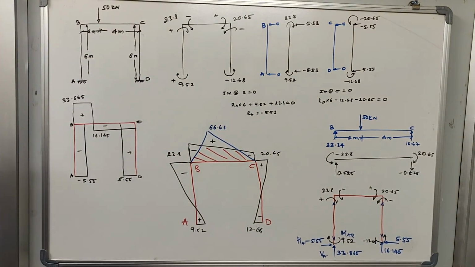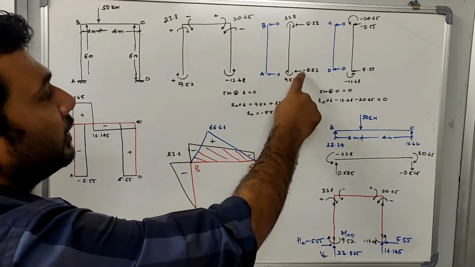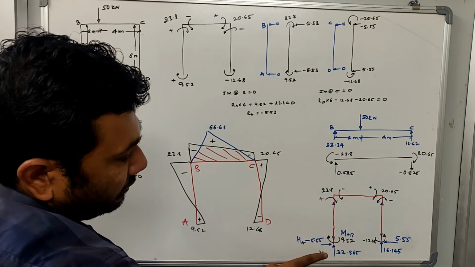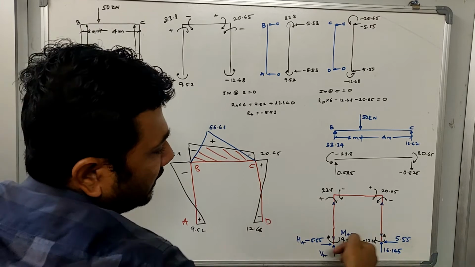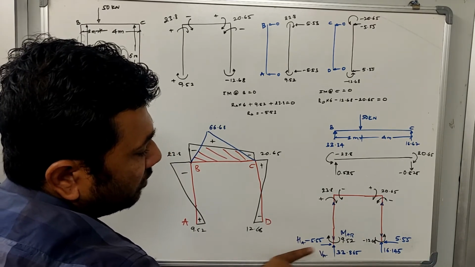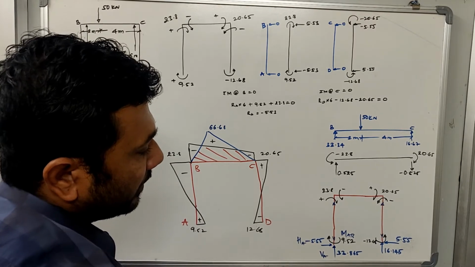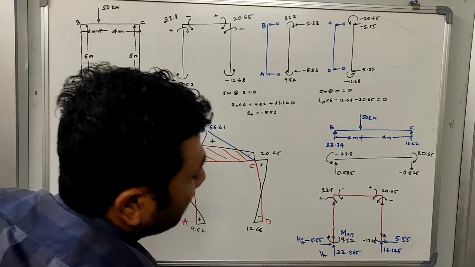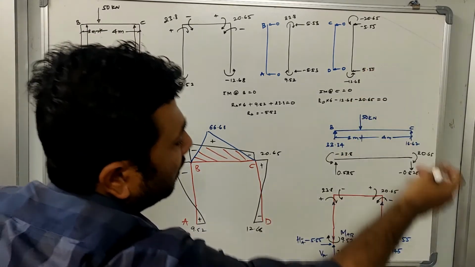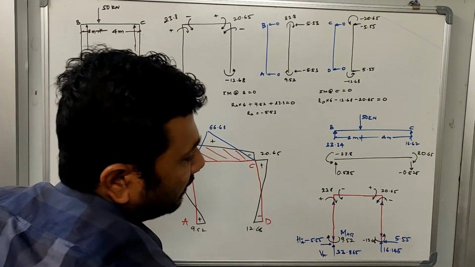Now as we know, the horizontal reactions are already determined. This is minus 5.53. I have changed the direction: we consider this side as positive and this side as negative, so that is why I have written HA is equal to minus 5.55. On the other side it is plus 5.55.